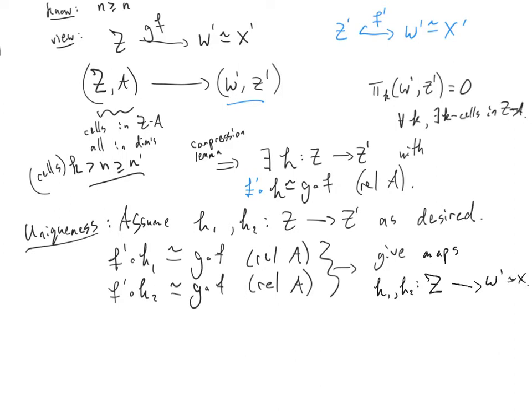But moreover, the homotopies themselves give us maps as well. So let's record that. I've got homotopies h1 and h2 here. Those are homotopies relative A, so they give maps of their domains to their targets.